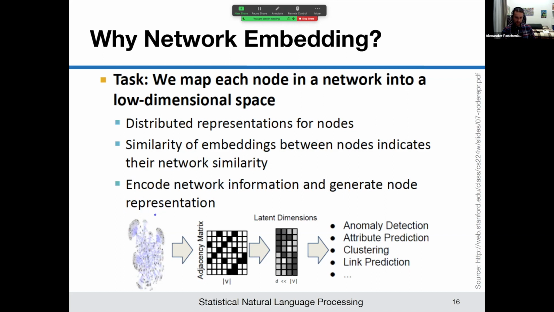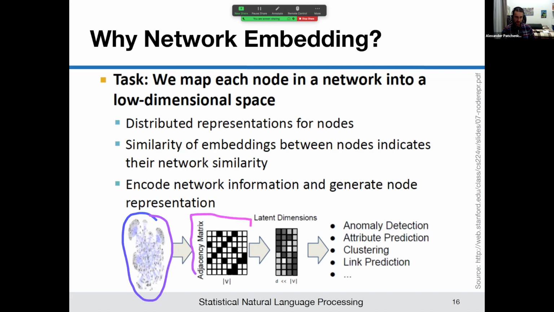As you've seen, many linguistic phenomena can be represented as networks, but the usual representation for networks is the adjacency matrix.